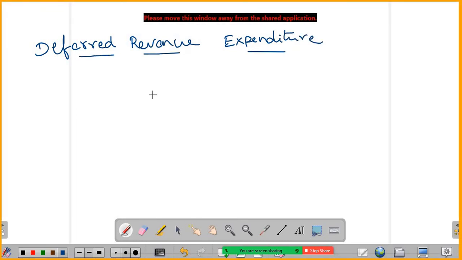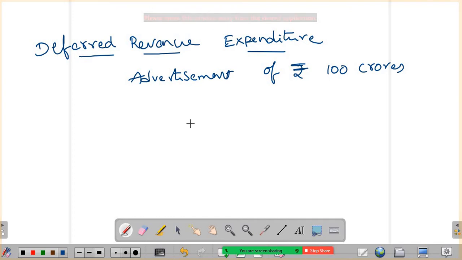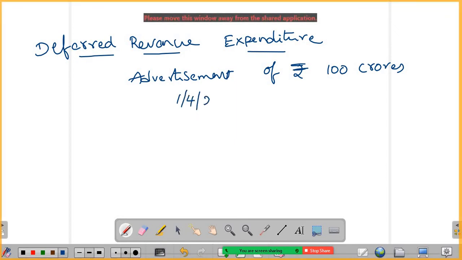Suppose heavy advertisement of rupees 100 crores is spent by a big business firm. Now this 100 crore, in case it is spent on 1st April 2020, so the date of spending 100 crores for advertisement is 1/4/2020.